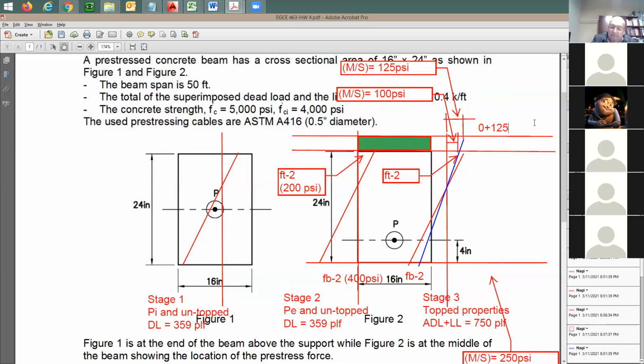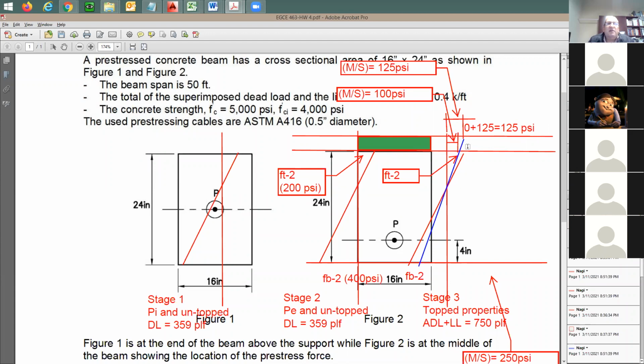Thank you. So a total of 125 psi all the way at the top of the concrete topping. How did I get this? 0 stress here, and 125 from just M over S. Good.